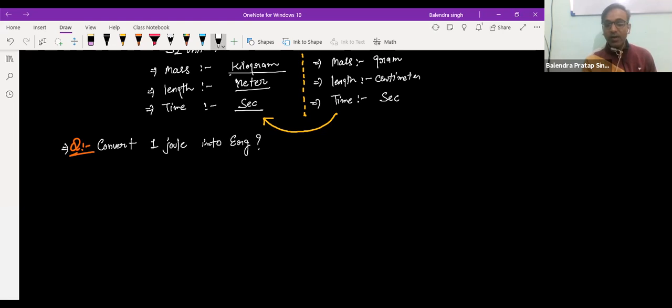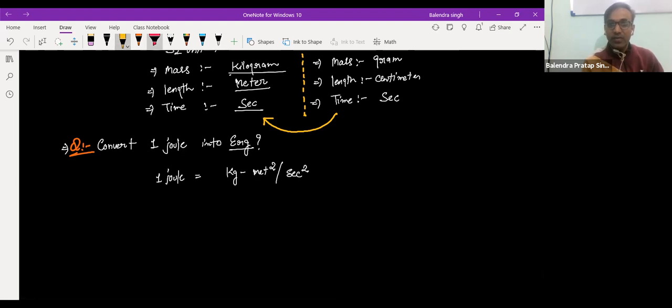So we define 1 joule as 1 kilogram meter square per second square. Okay. So let's convert this 1 joule. Joule is an SI unit, and erg is a CGS unit of energy.